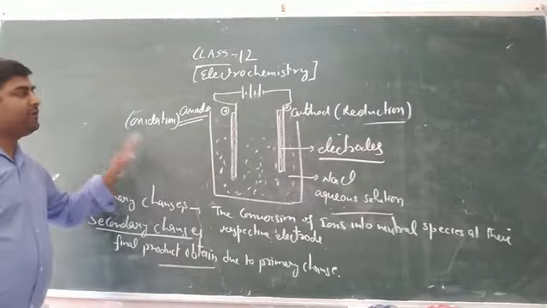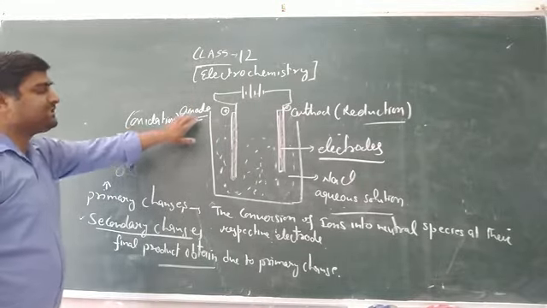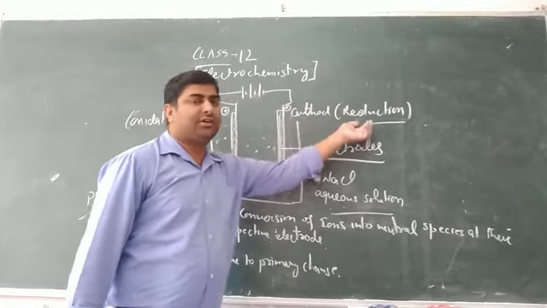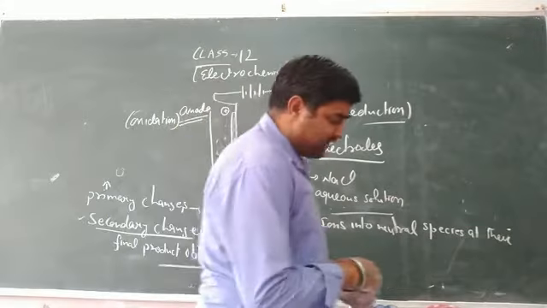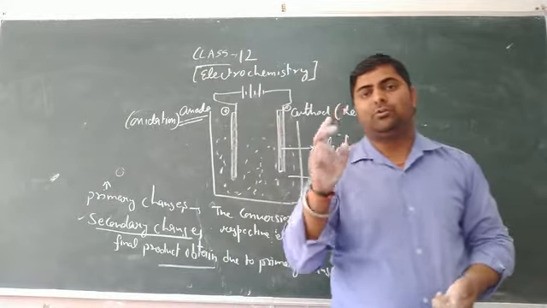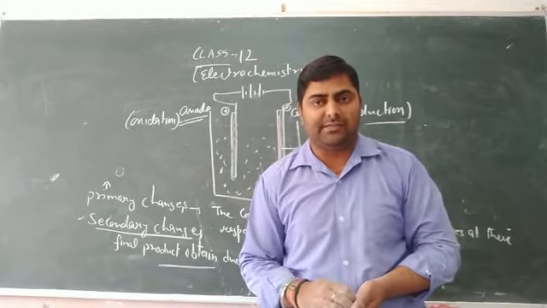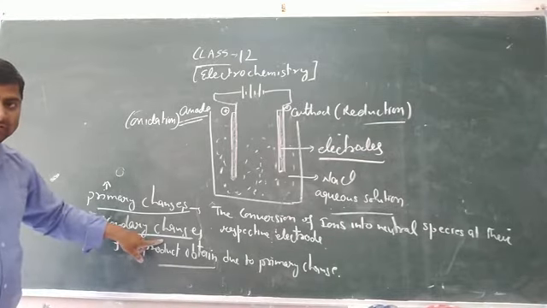Now here we have to keep one thing in mind, that oxidation always takes place at anode, whereas at cathode reduction takes place. In electrolysis, there are two types of changes that take place. One is known as primary change and second is called secondary change.